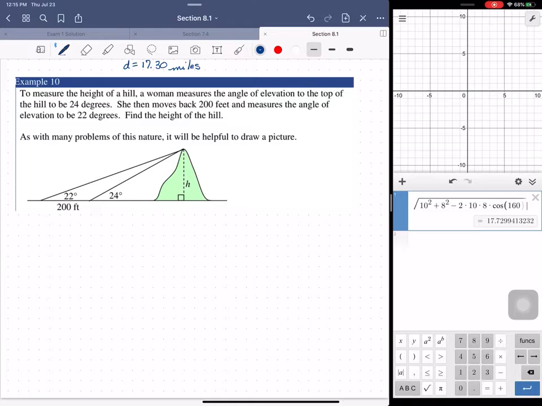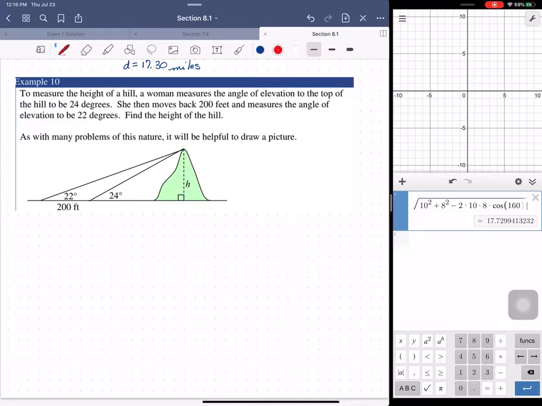Okay, so she stands on the plane and she measures an angle of elevation to the top to be 24 degrees. Then she moves back 200 feet and measures the angle of elevation to be 22 degrees, and we need to find the height of the hill. And we've done this before, right? We did it using right triangles, and we defined this x, and we went through a lot of work.